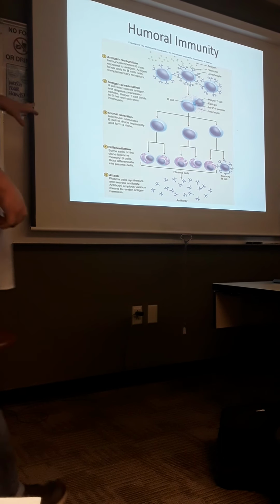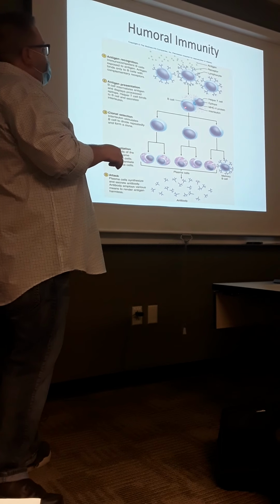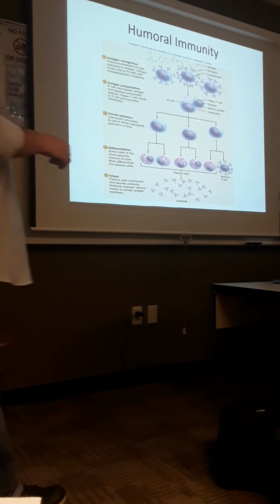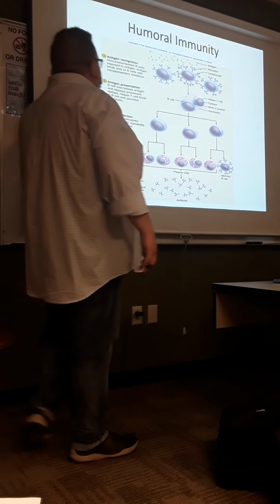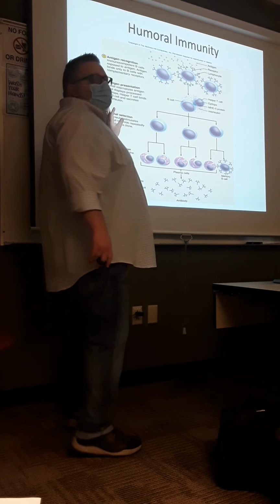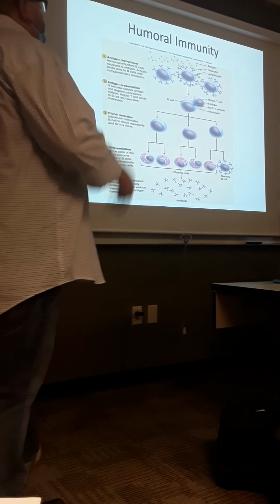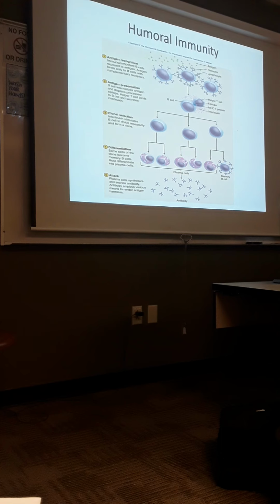Okay? Helper T cells bind to the B cell and secrete interleukins. Interleukins are those chemicals that allow for communication. And then that's going to stimulate clonal selection, where interleukin stimulates the B cell to divide via mitosis. Remember mitosis, all cells are genetically identical.